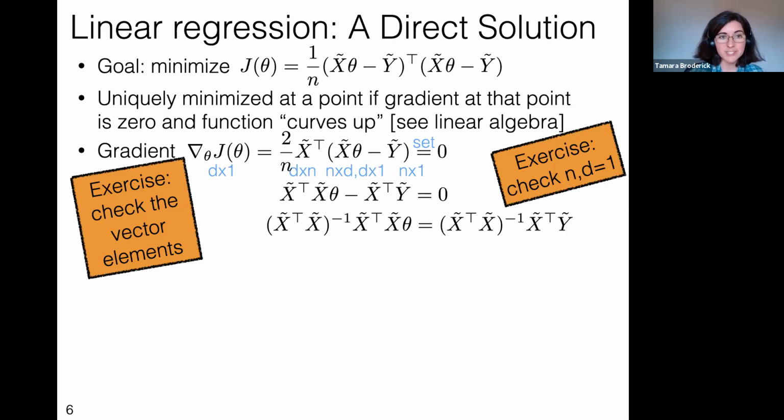And the way that matrix inverses work is that when you multiply a matrix inverse times a matrix, or a matrix times its matrix inverse, either direction, those are just going to cancel out. And so those cancel out. On the left-hand side, we're just left with theta. And we're left with a formula on the right-hand side, and crucially, it doesn't have theta in it, so we've solved for theta at this point.